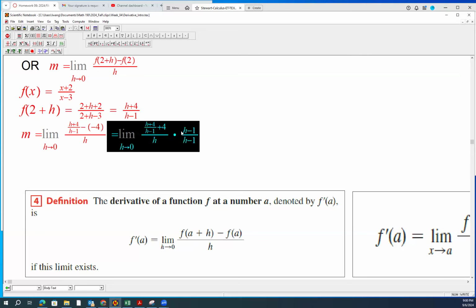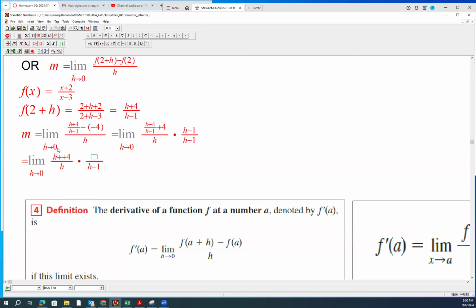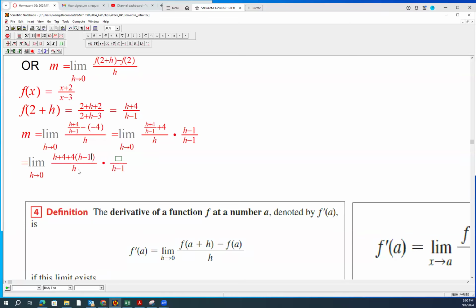Okay, and then when I'm doing that, so this time we can do a bit faster, right? We're going to multiply this piece, so we're going to have h plus 4, and here it's just going to be multiplying h minus 1. H minus 1 is going to multiply h, so this part is gone.